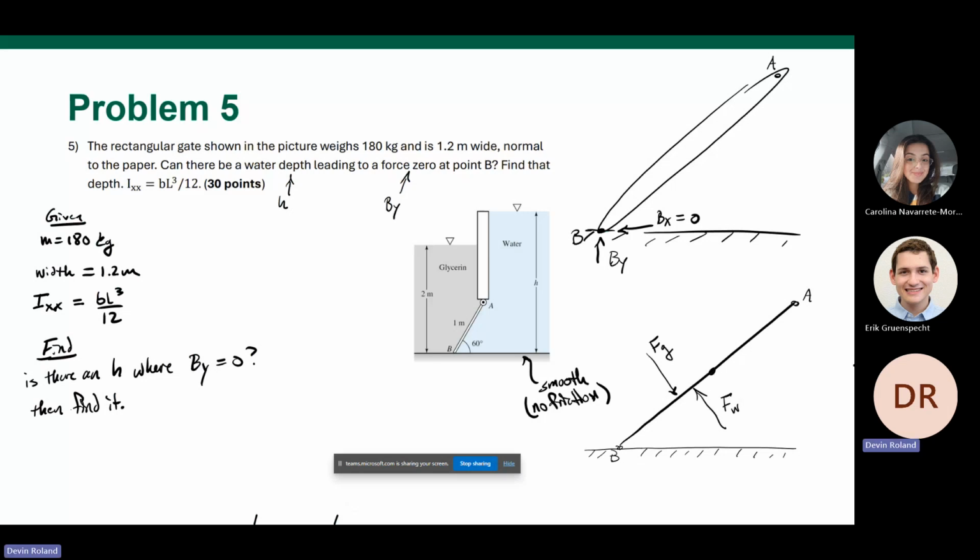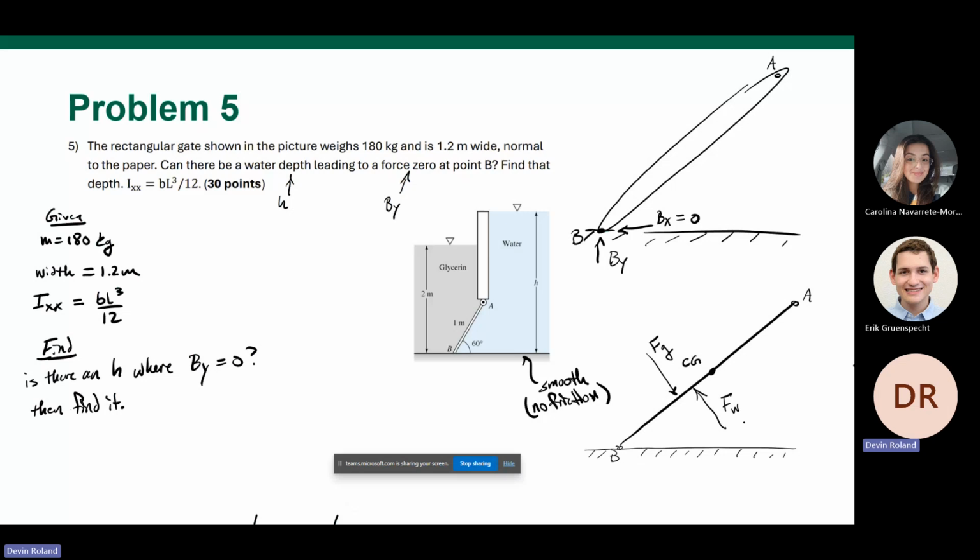Do you have a question? Okay. And then our center of gravity here is at the middle of this gate. These forces are acting at their centers of pressure, right?